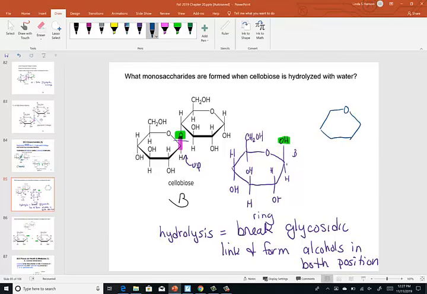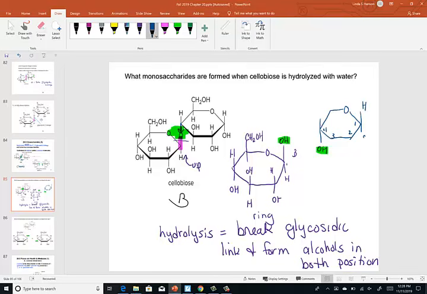remember it's carbon number 4. At carbon 4, what we end up seeing is that the OH is pointing down, so that it actually had a site of attachment. So at carbon 4, we point down so that when I break this glycosidic linkage, one is on top, one on bottom, and we'll see that pattern continue.